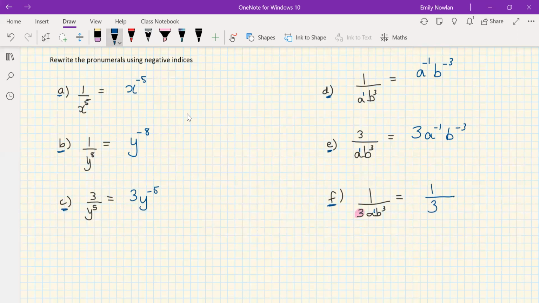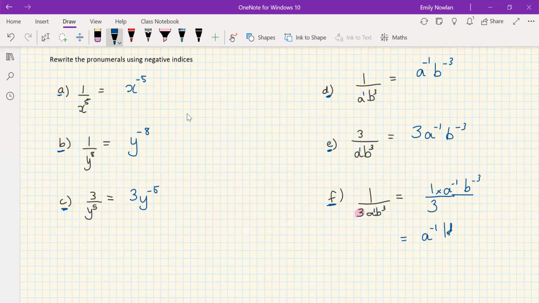If we're going to bring the A up to the top, we bring the A to the -1 and the B to the -3. And you can leave it written like that if you'd like to, or you know that timesing something by 1 doesn't change anything. So it's A to the -1, B to the -3, all over the 3 stays on the bottom. That last one's a bit tricky.